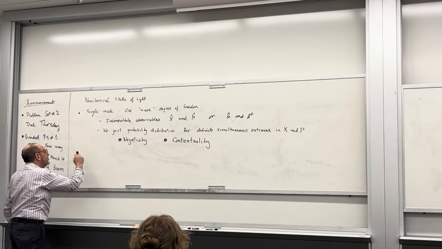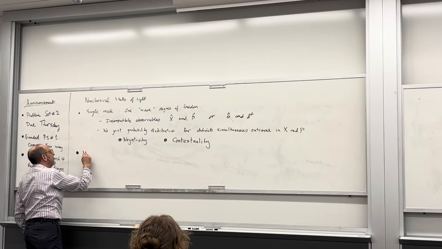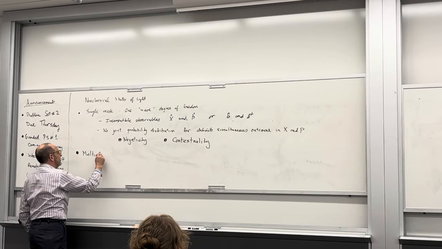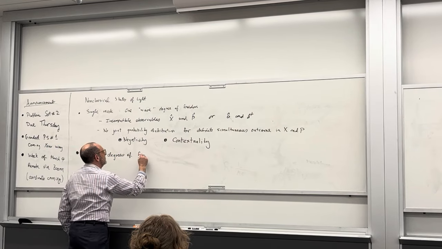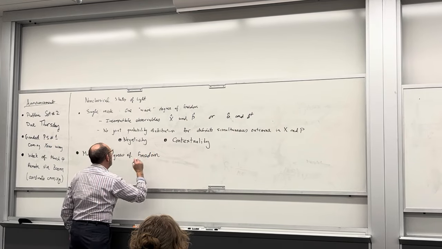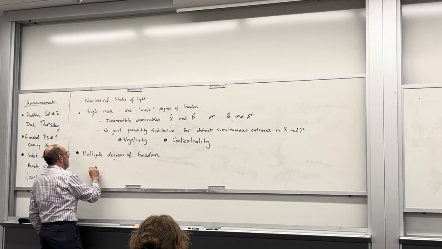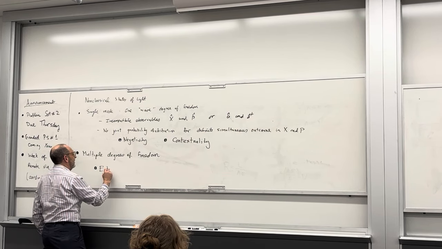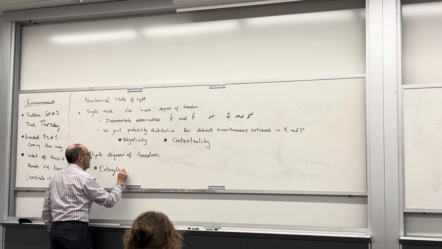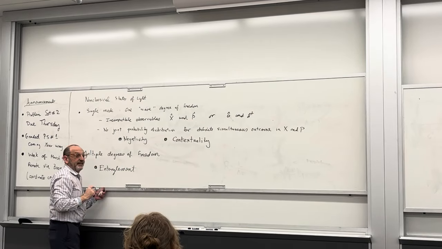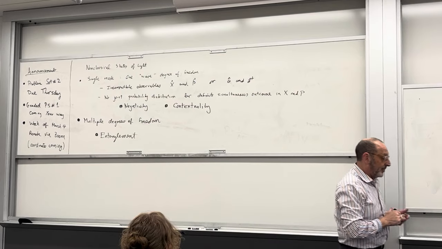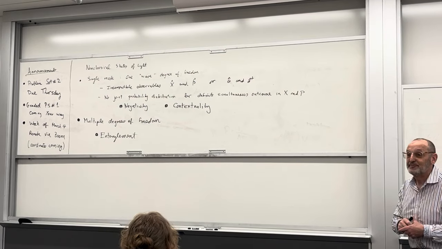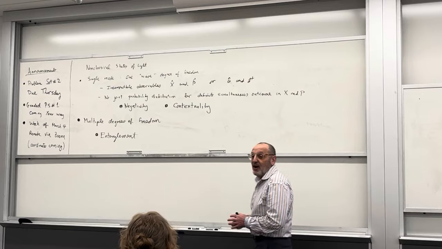But we have other aspects that we haven't talked about associated with multiple degrees of freedom. And the most important feature that distinguishes quantum from classical is entanglement. Okay, something we haven't really talked about.